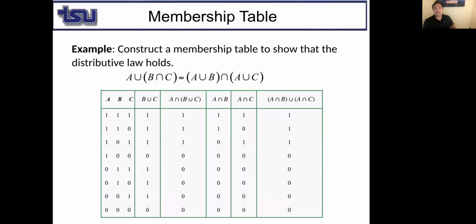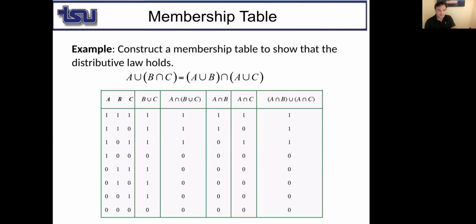Or we can use membership tables. For example, it might be easier to use a membership table to prove this identity. This is very similar to propositional logic, true and falses. Think about sets A, B, C, okay? And we are gonna list all possibilities.